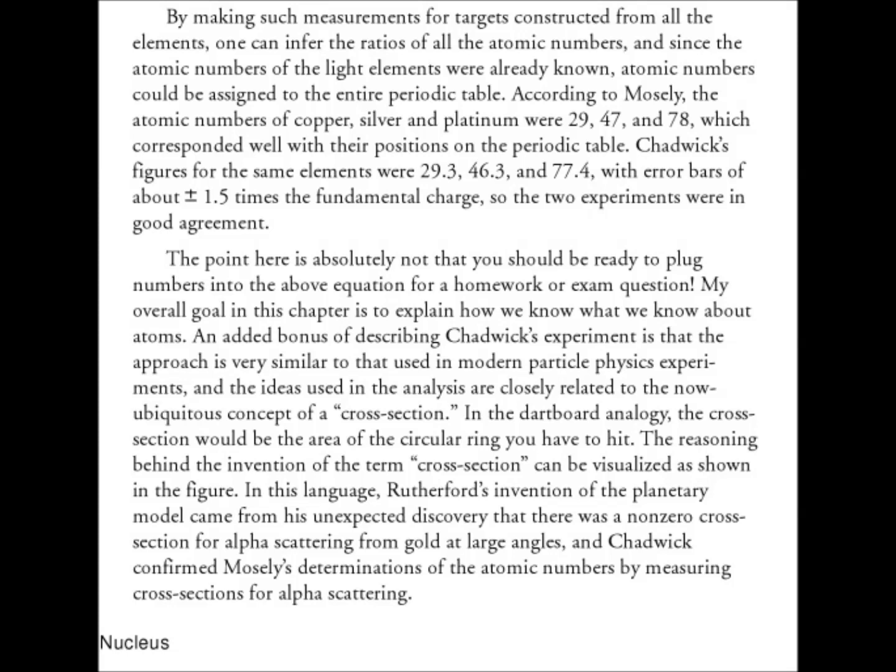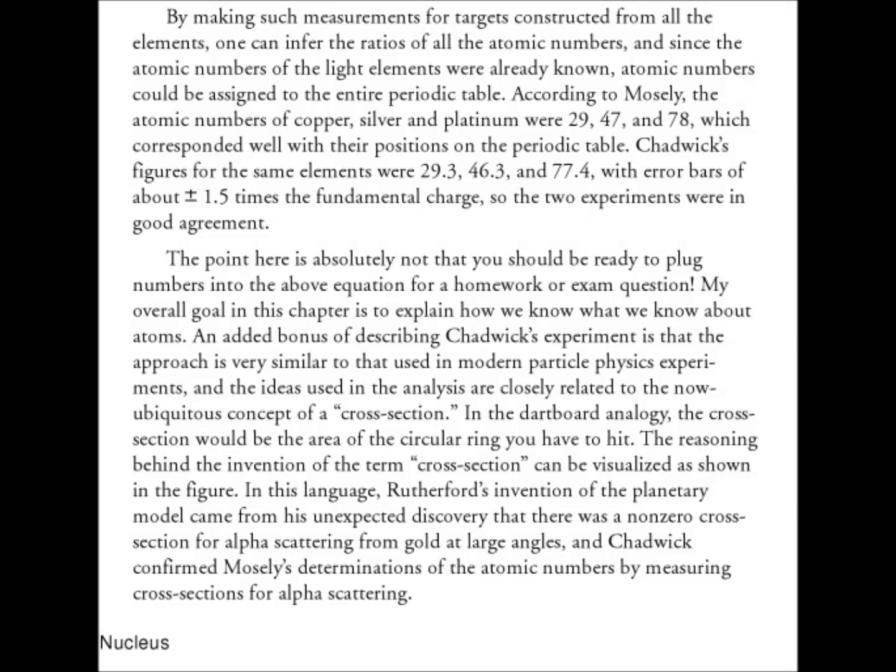An added bonus of describing Chadwick's experiment is that the approach is very similar to that used in modern particle physics experiments, and the ideas used in the analysis are closely related to the now ubiquitous concept of a cross-section. In the dartboard analogy, the cross-section would be the area of the circular ring you have to hit.